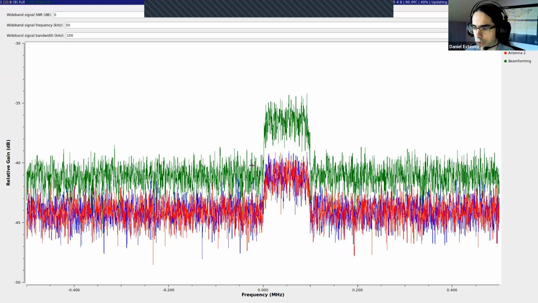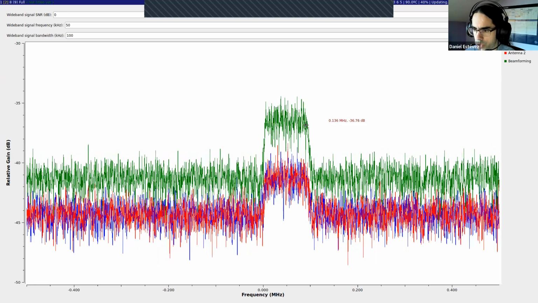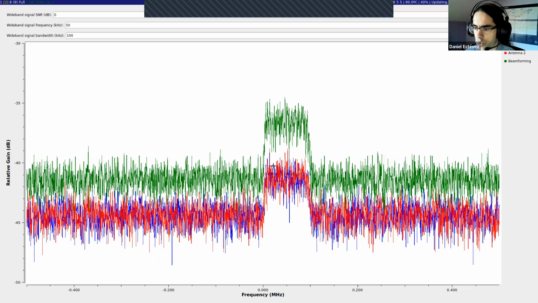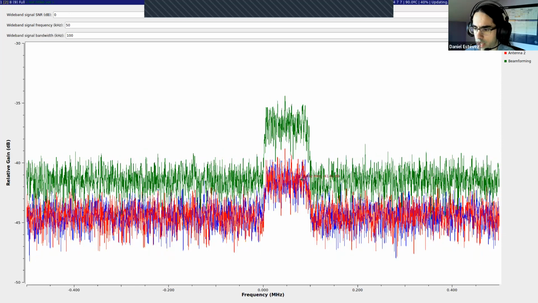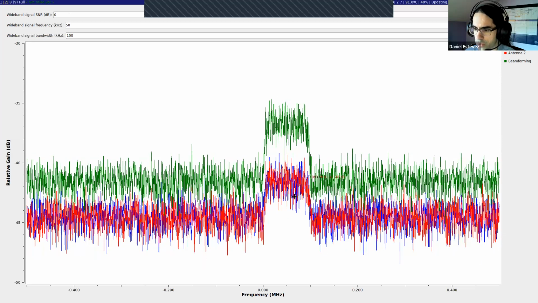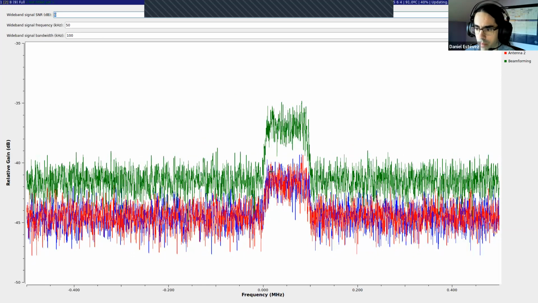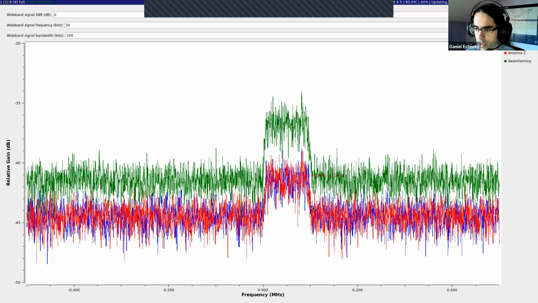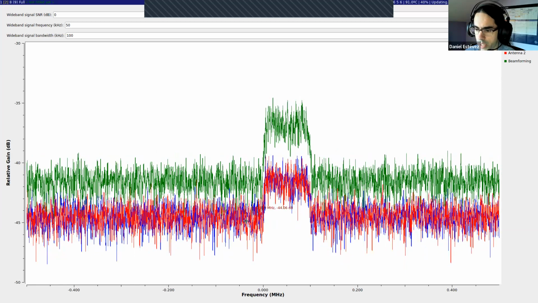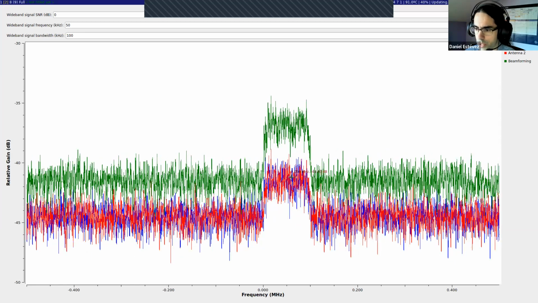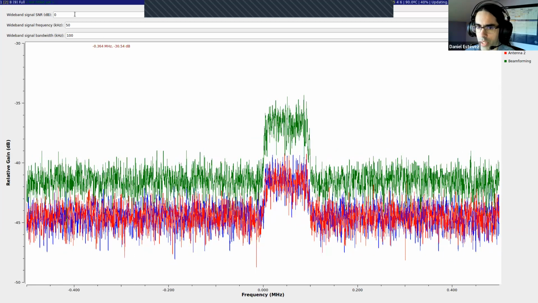Maybe I will make it somewhat stronger for the measurement, because if we want to measure precisely, then here the signal to noise ratio, as I mentioned, is 0, but we see a 3 dB increase because we are adding signal and noise. So we need to be careful in doing that calculation.